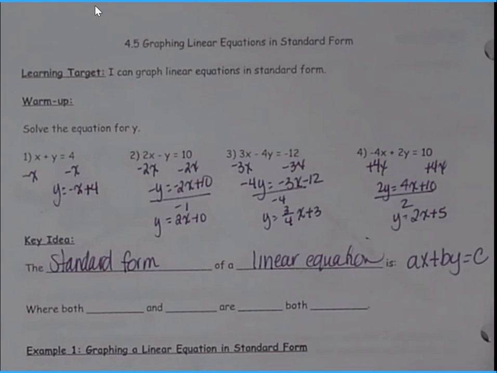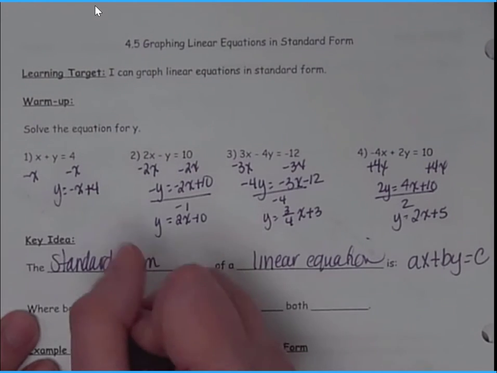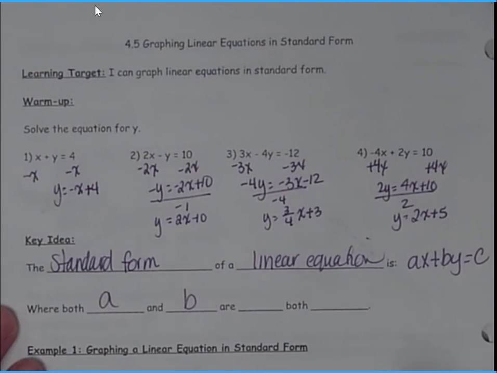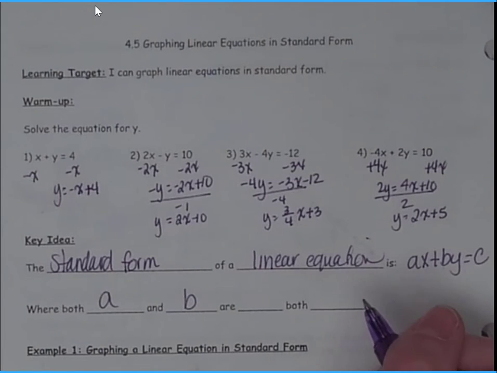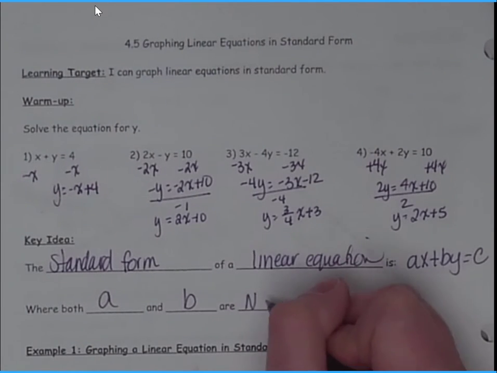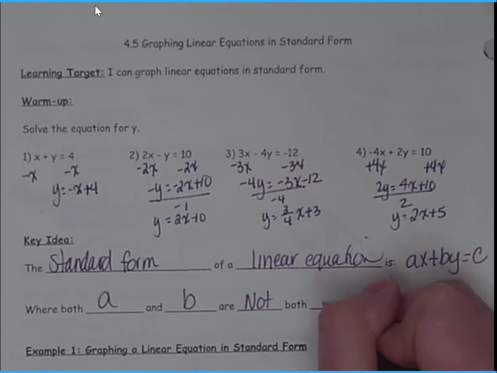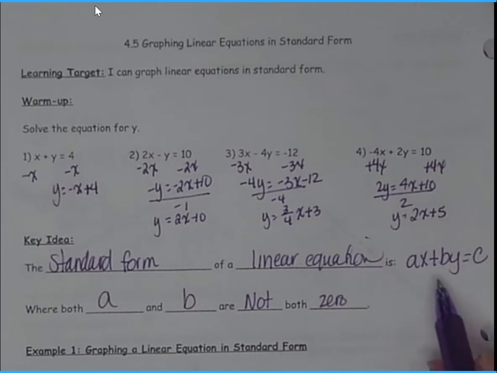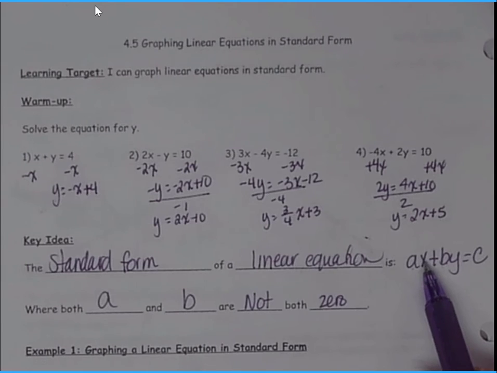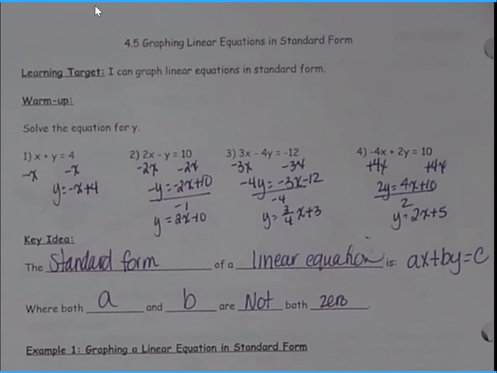So a, b, and c are actually numbers. A, b, and c are not both 0. So if there was a 0 here, I would no longer have standard form. So my variables are x and y, and the a, b, and c represent a number.